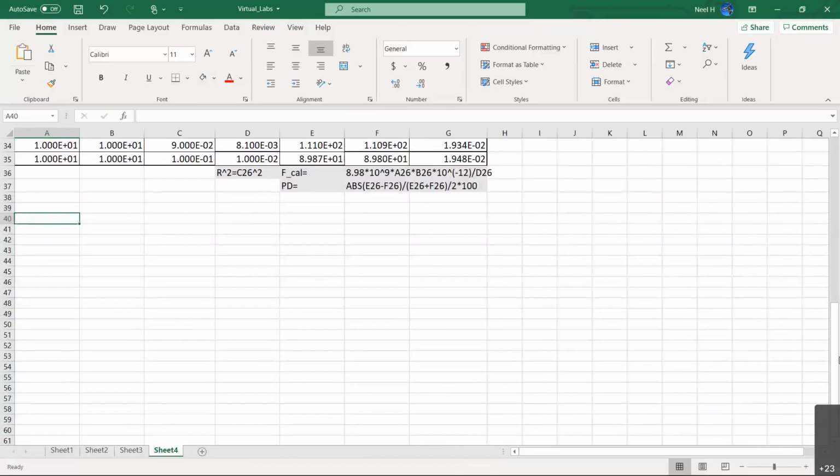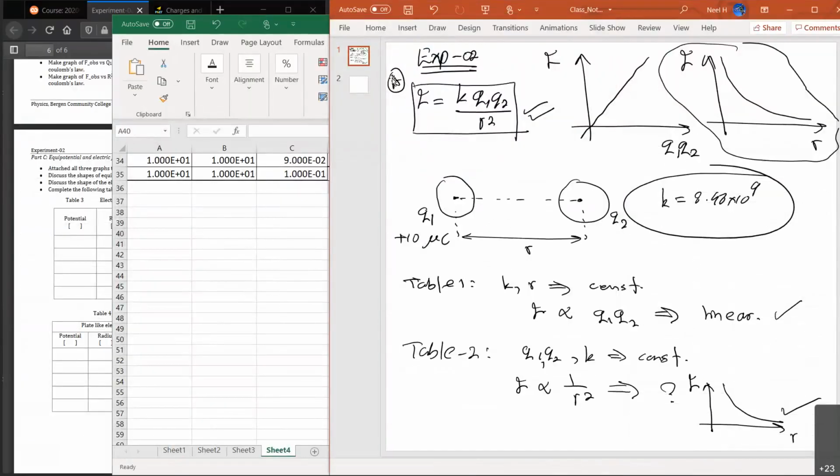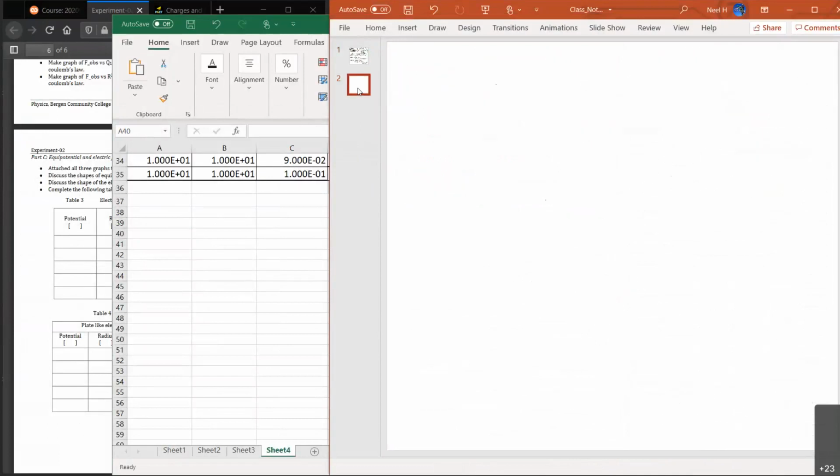Everybody done the calculation? Good? No questions? Okay, then let's continue. Let's take a look at what we try to do in Part B of the experiment.